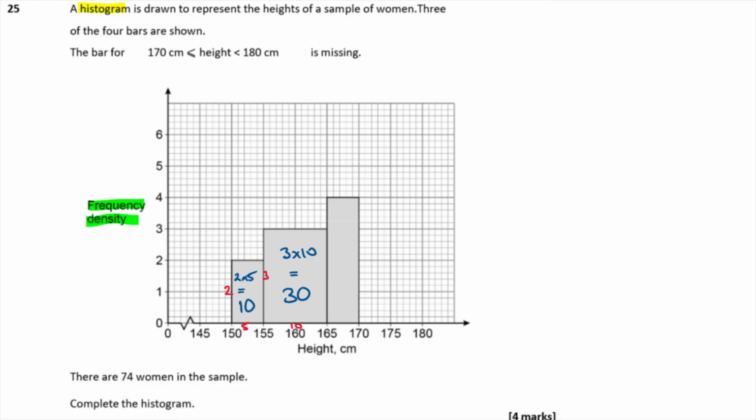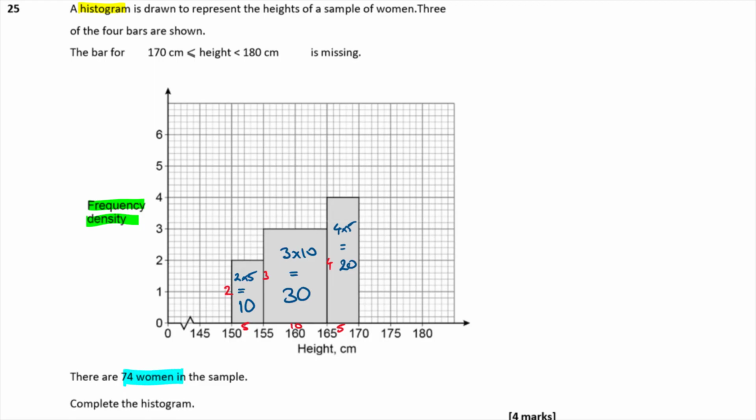And then finally I've got a bar which has a width of 5 and a height this time of 4, so the area of this bar is going to be 4 times 5. That gives me 20. So you can see we've got 10 plus 30 plus 20, that's 60 women accounted for already.